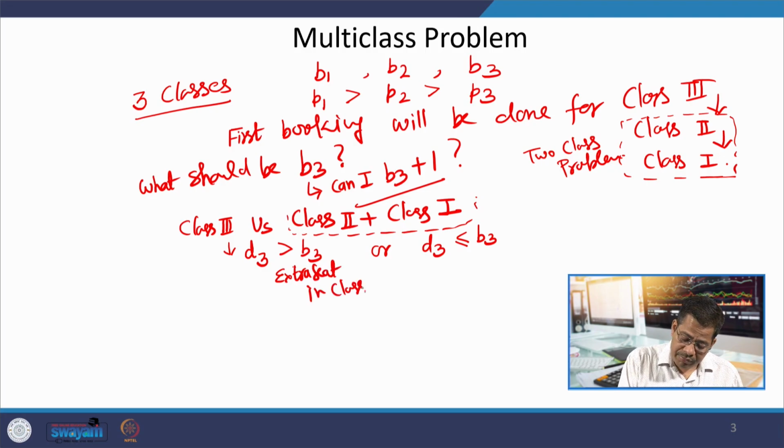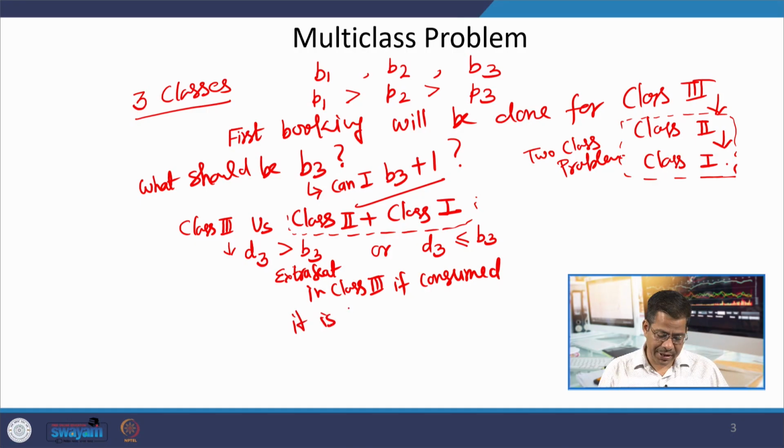If this extra seat in class 3 is consumed, it has 3 possibilities.